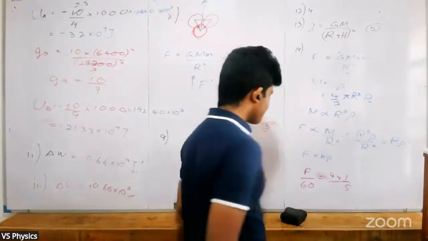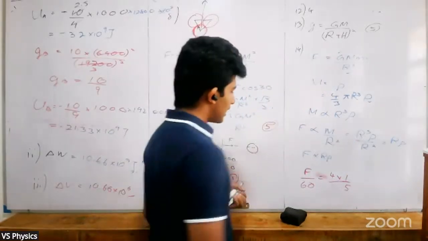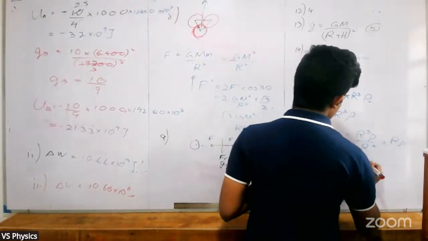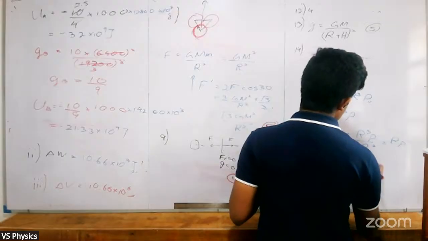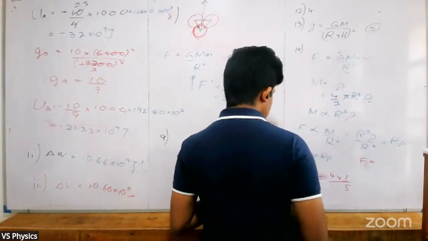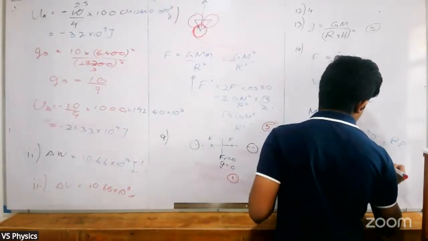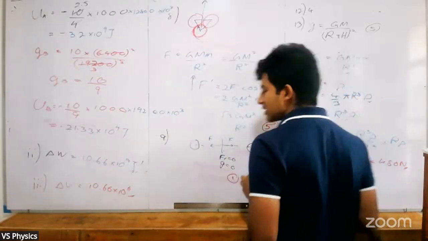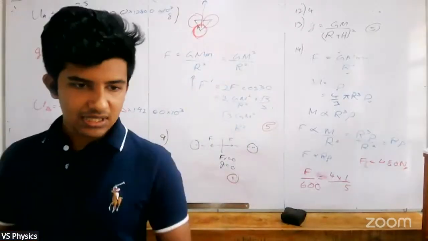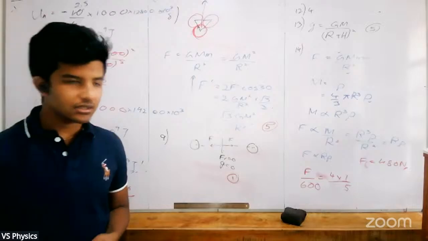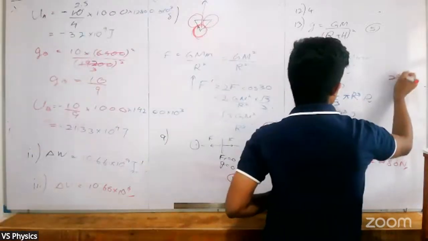So remember them. Now we can find the answer. F is equal to 600 divided by 5, which is 120. 120 times 4 is 480 newtons. So this is the weight of the person standing on that planet. This is going to be the second answer.